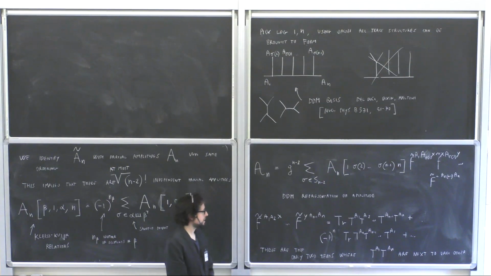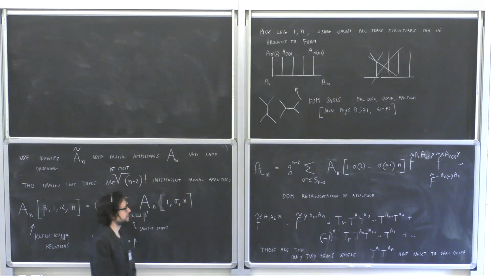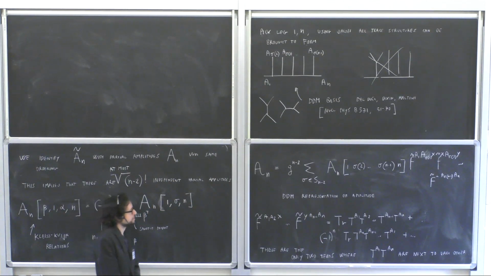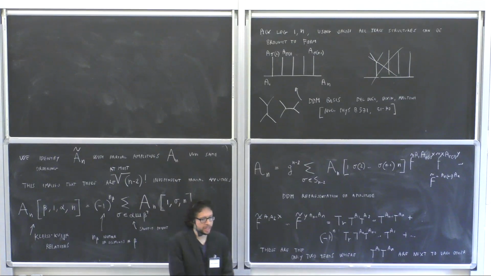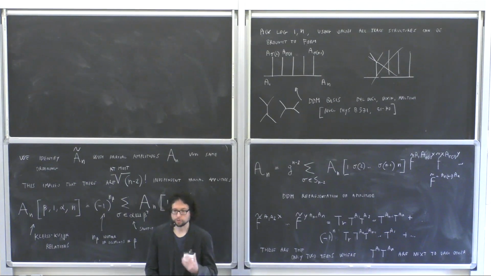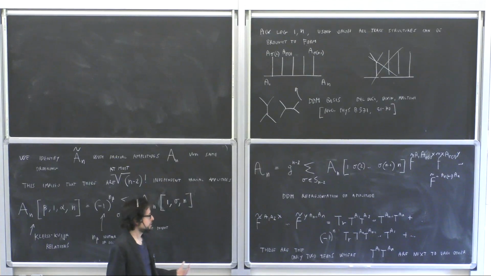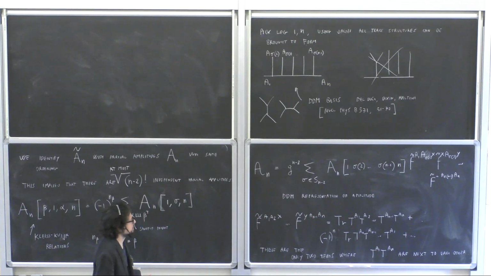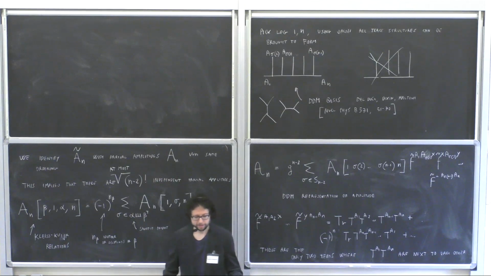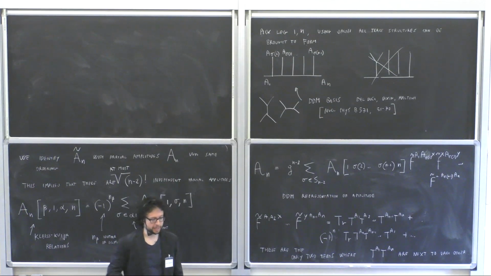It depends really in what form the partial amplitude is provided, because I assume giving you one partial amplitude is almost the same as giving you all partial amplitudes if you're allowed to do permutations, because of the dependence on the ordering. For example, at 4 point, you could see right away that I was writing one of the partial amplitudes and then permuting labels to get the other ones.